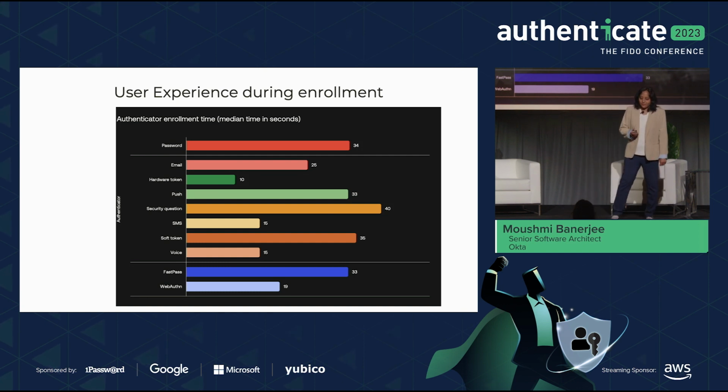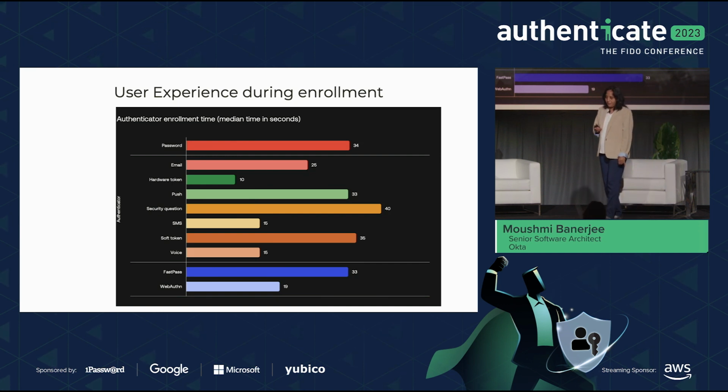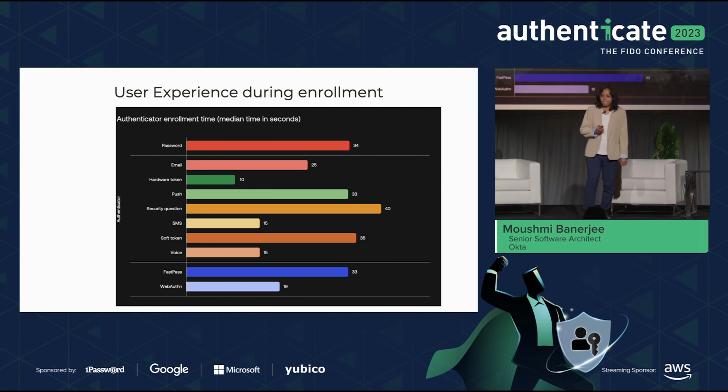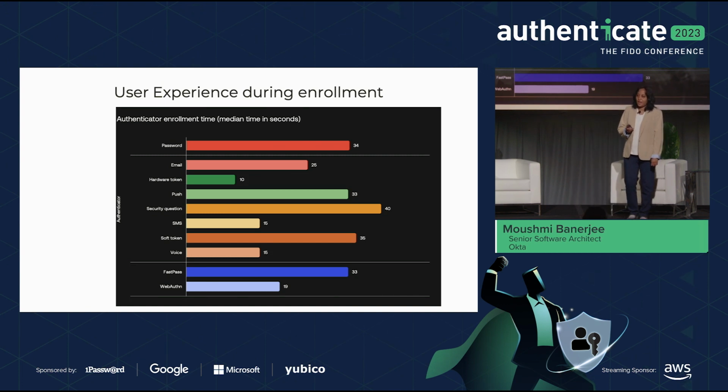And guess what? Based on this insight on the enrollment, we found that the hardware-protected OTP FIDO2 WebAuthn boasts the shortest enrollment time of less than 20 seconds. Again, a good indicator that using a high-level authenticator can speed up your enrollment process.